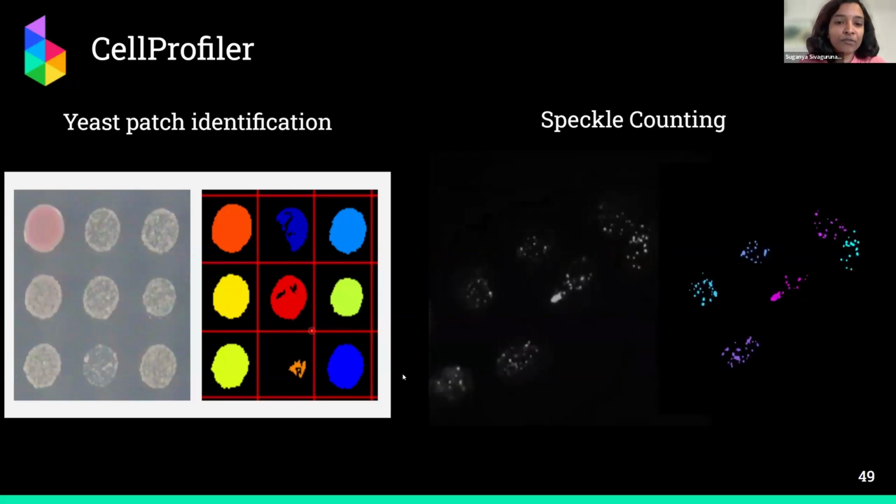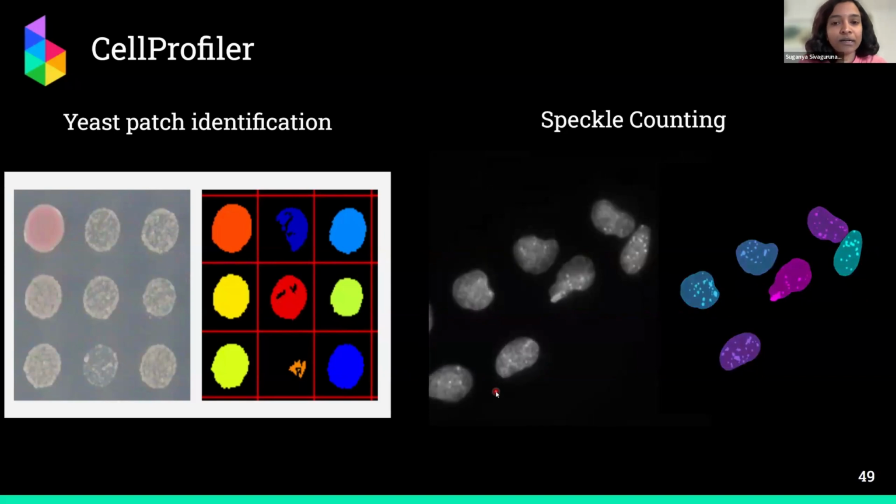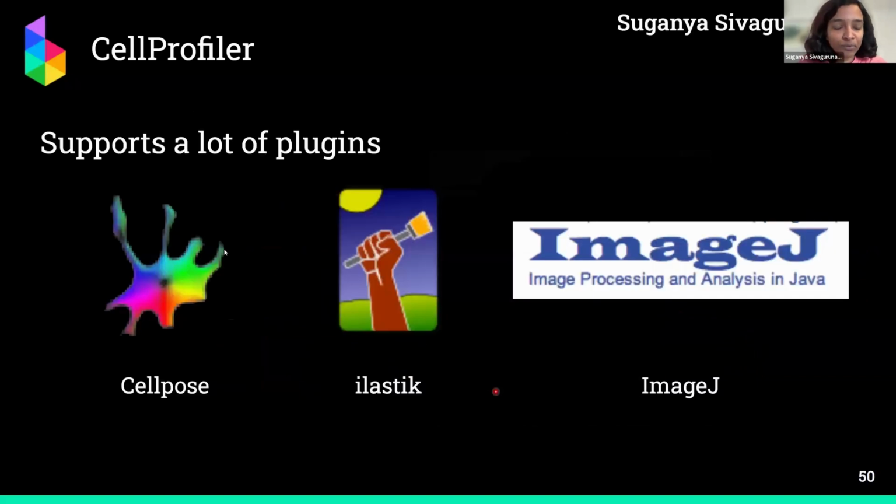And if you're a person who is working with deep learning tools like Cellpose, machine learning tools like ilastik, or imaging macros, these can also be integrated into CellProfiler. For example, you can use the pre-trained model from Cellpose, or if you have custom-trained models, they can be imported into CellProfiler, and the many measurements and modules available in CellProfiler can then be used with your Cellpose or ilastik models.